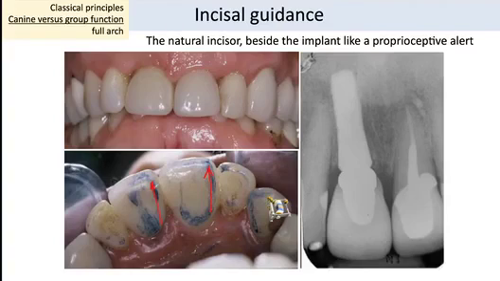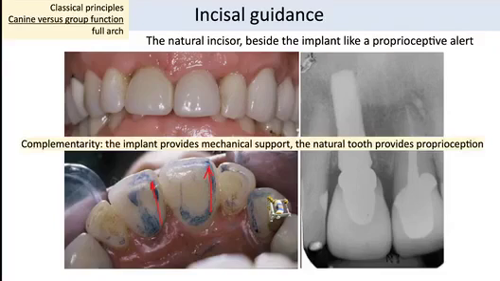So, same contact, same guidance, and double positive effect. The implant provides mechanical support and the natural tooth provides proprioception.